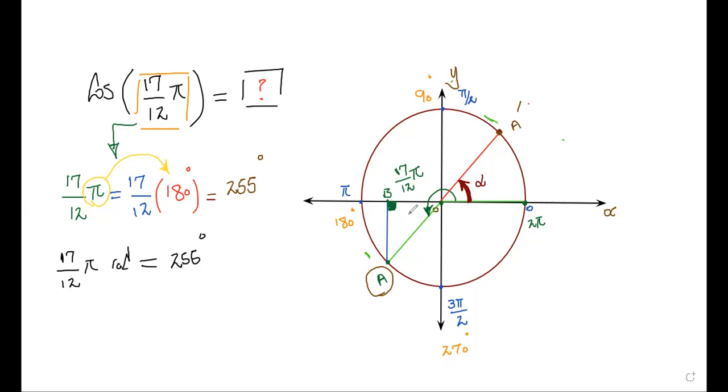Half a circle, how much is the circumference of it? Russell? If the full circle is 2 pi, half a circle is how much? Pi. Then in order to find alpha, what do we do? I say alpha should equal the whole piece of the cake that we were offered. It was 17 over 12 pi, and now we are cutting half of the cake from it, which is minus pi.